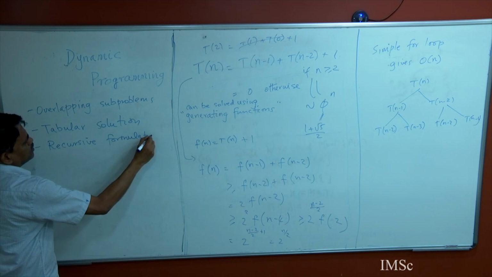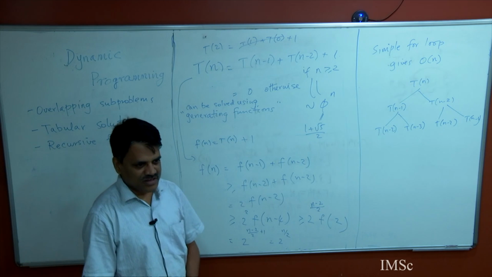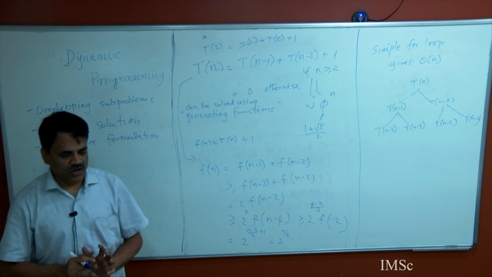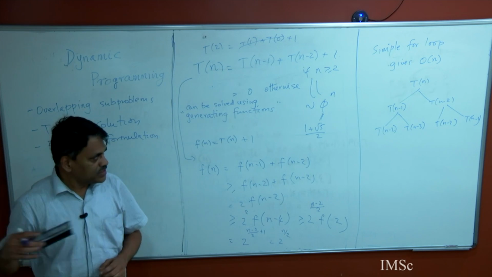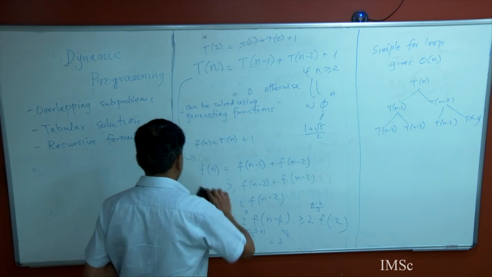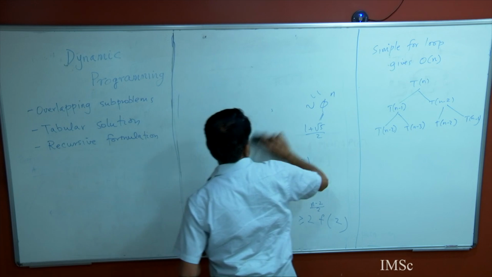You want to solve your problem, somehow you come up with a recursive formulation, but do not solve it recursively, right. The recursive formulation will guide you what are the subproblems you need to compute your solutions for. Okay.